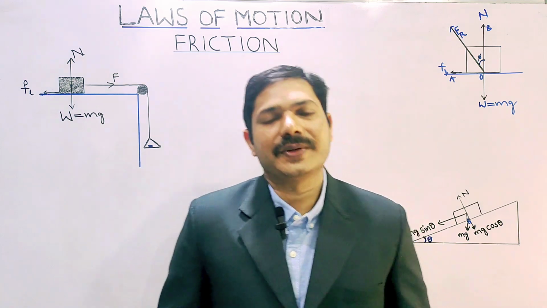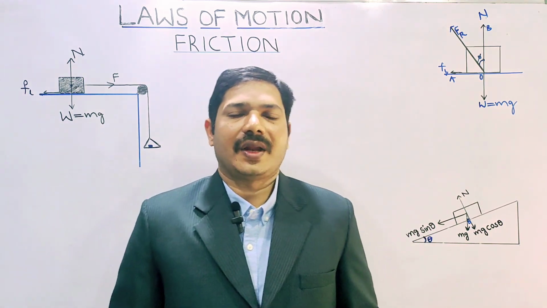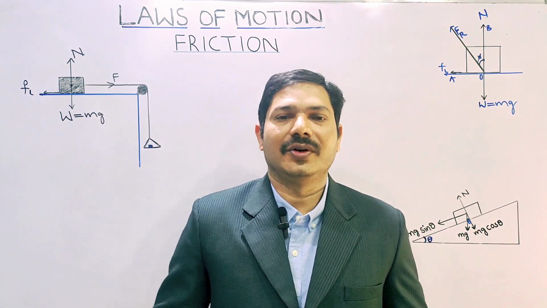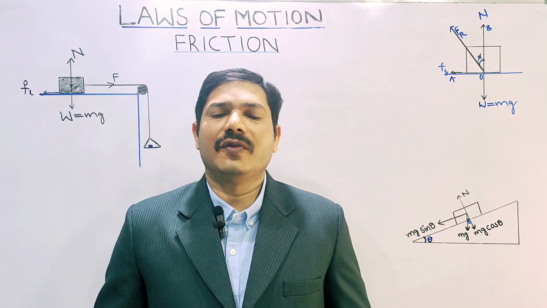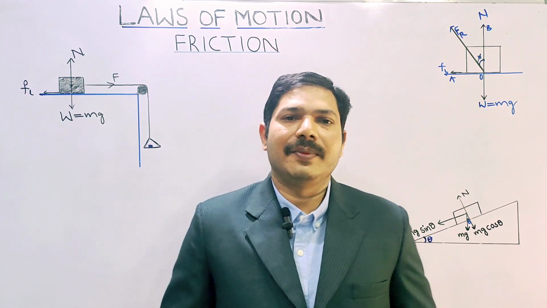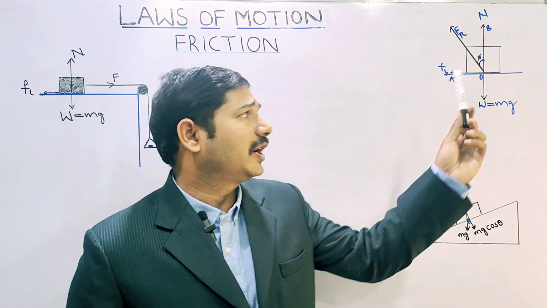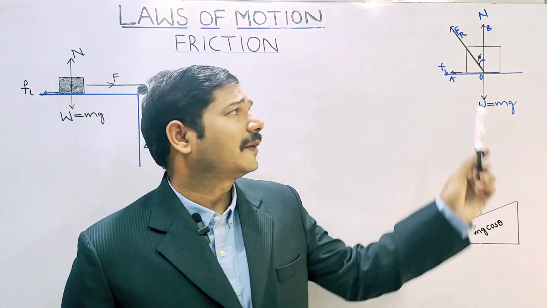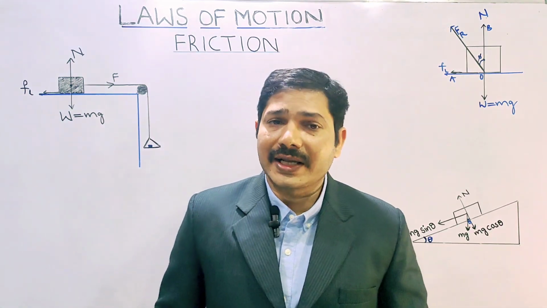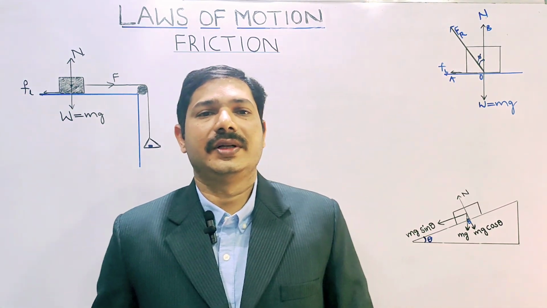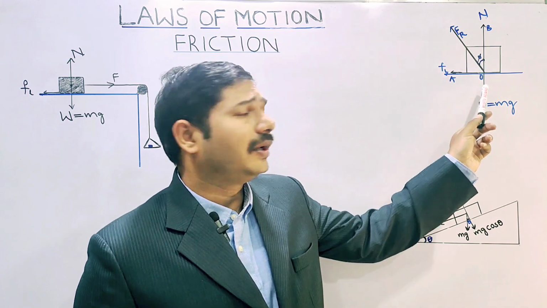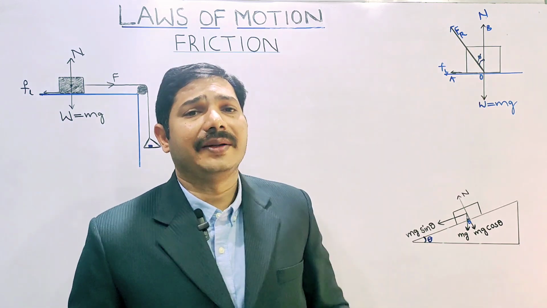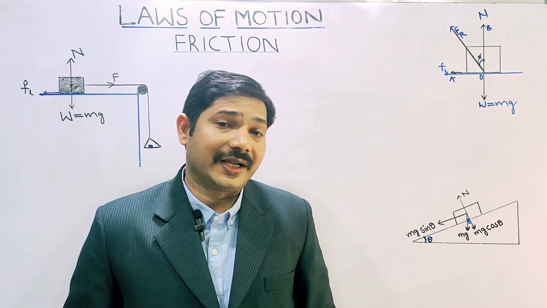Let's start. What is friction? What does frictional force mean? For example, when a body is resting on a horizontal surface, its weight acts vertically downward. The weight is balanced by another force acting vertically upward.